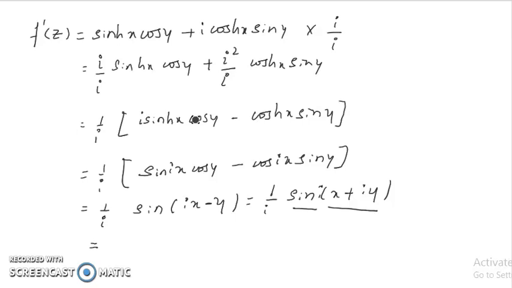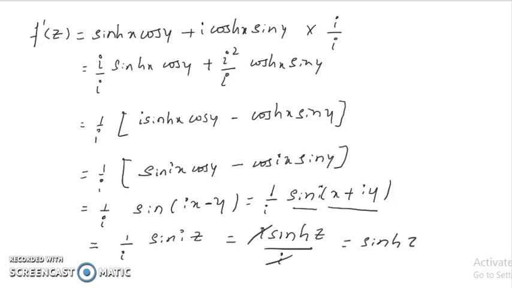So this is again the sin i(x plus iy) form. Here x plus iy is nothing but z. So 1 over i, sin iz. Sin iz is nothing but i sinh z, divided by i, so this i and this i get cancelled. So we get sinh z.